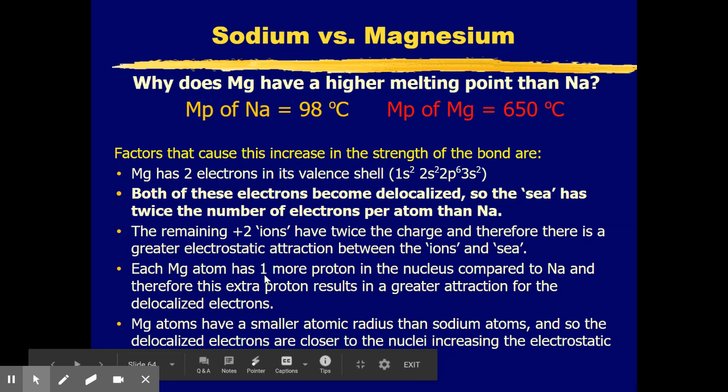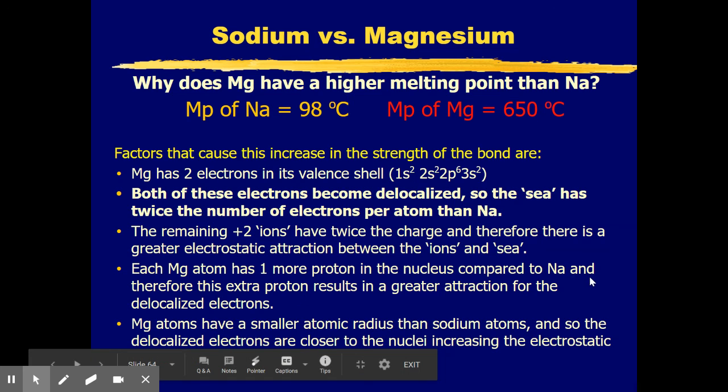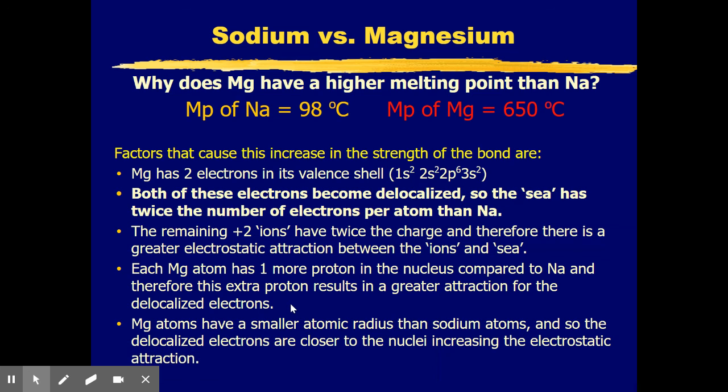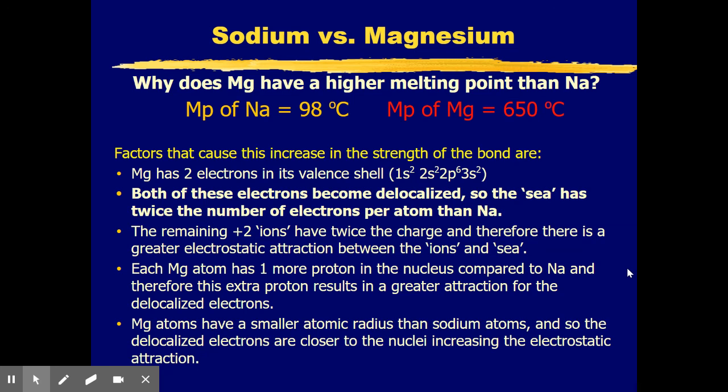Each magnesium atom has 1 more proton in the nucleus compared to sodium, and this extra proton results in a greater attraction for the delocalized electrons. And magnesium atoms have a smaller atomic radius, and so the delocalized electrons are actually closer to the nuclei, increasing the electrostatic attraction.